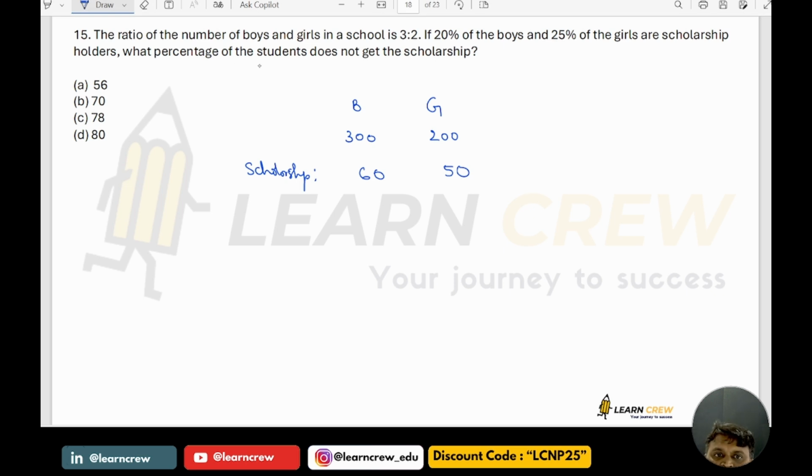Then what percentage of the students does not get scholarship? Boys plus girls, total is 500. Out of that, 60 plus 50, 110 have got scholarship. The remaining are 390, so 390 have no scholarship.